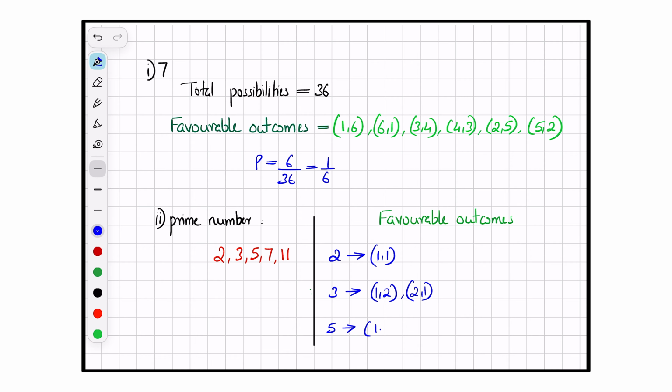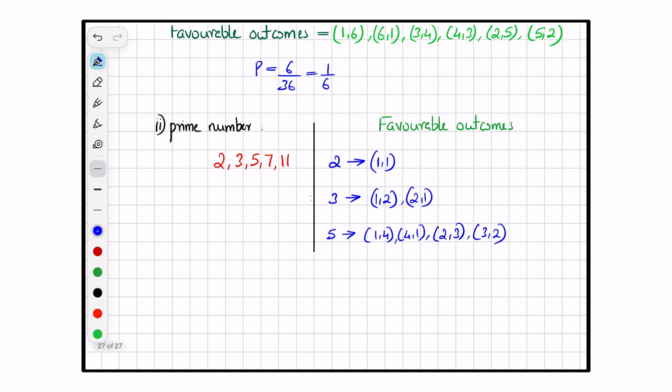We can get 1 comma 4 or 4 comma 1. Then we can expect 2 comma 3 or 3 comma 2, and that's it for 5. For 7 we can expect 3 comma 4 or 4 comma 3.